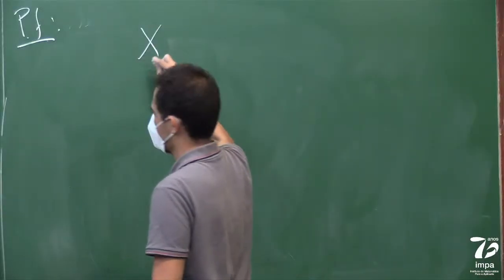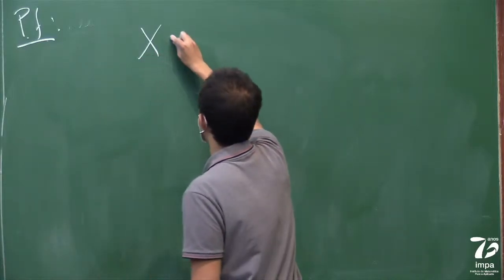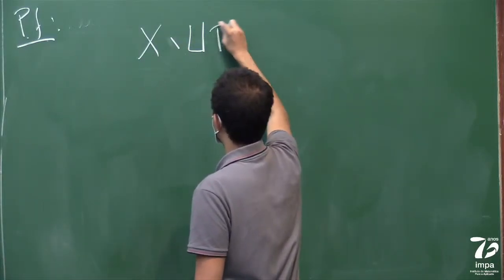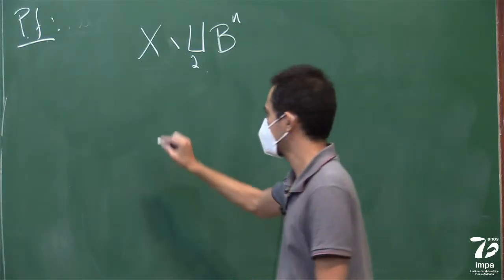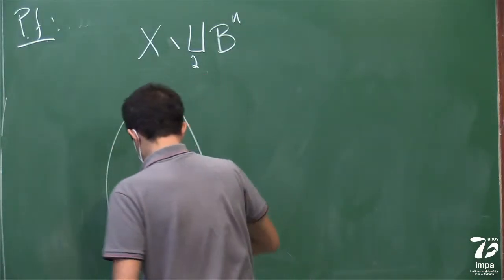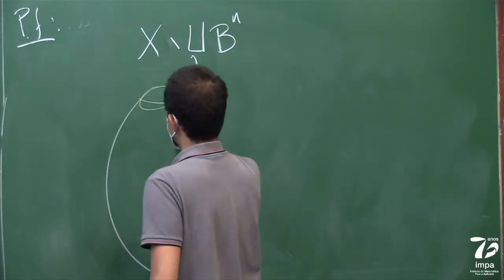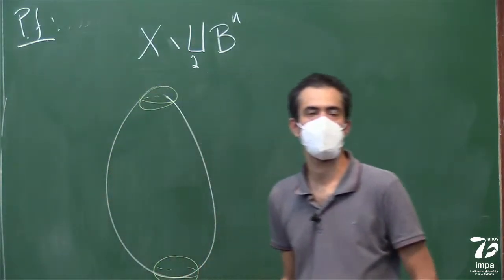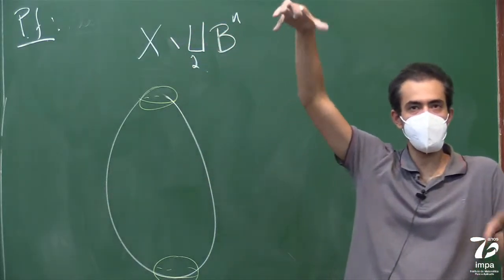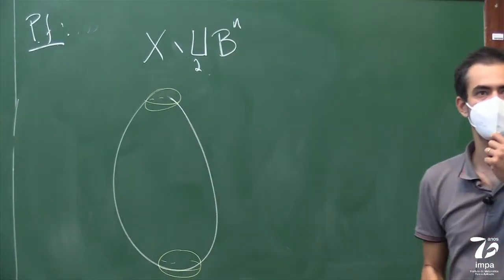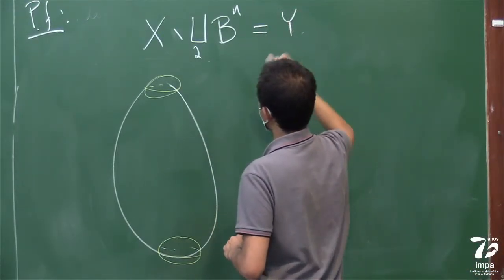You take your X, and you remove 2 disks, or 2 balls. You just choose 2 separate points, you choose neighborhoods around them, and then you remove 2 balls. And then you look at this guy. So this is your, say, Y.